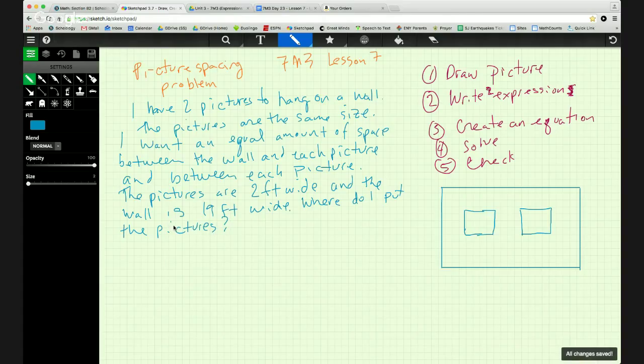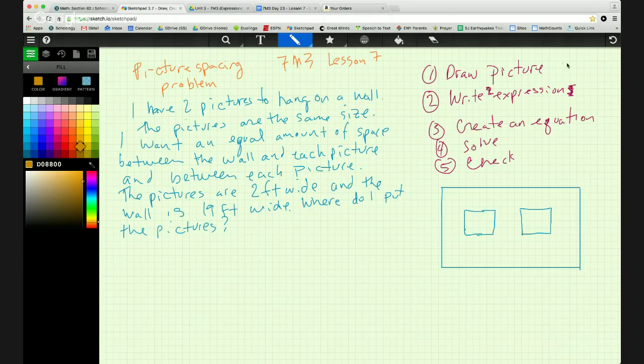So let's do some labeling of what we know. That's step one: draw the picture. So we've drawn the picture. Now we know that this whole distance from here to here is 19 feet. And we know that this distance here is 2 feet, and this one likewise is 2 feet.